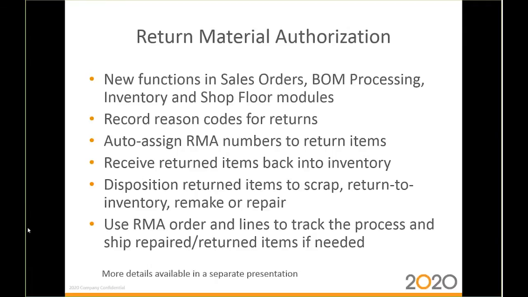So this provides new functionality around the sales orders, bill of material processing, and inventory. As I said, it allows you to record reason codes for returns. It has the ability to auto-assign RMA numbers to return items, receive those items back to inventory, disposition those items to one of several dispositions, and then use those RMA order lines to track, process, and repair or return items back to the customer as needed.